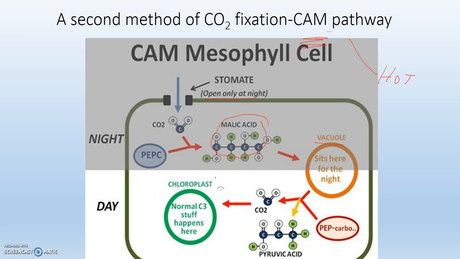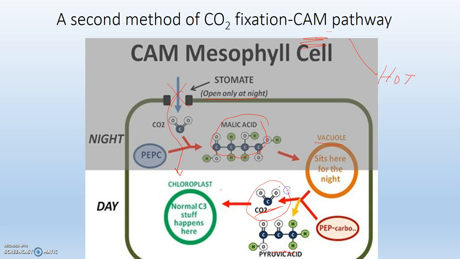During the daytime, the stomata is closed. So this is closed during the daytime, and so no carbon dioxide enters. Now, in the daytime, this 4-carbon malic acid breaks up into carbon dioxide and pyruvic acid.